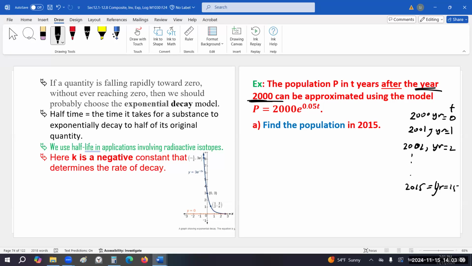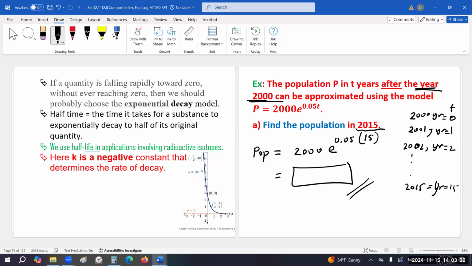They gave us the formula, and this P is not principal, it is population. So our population is 2,000 e to the 0.05 times 15. We go to the calculator, and whatever we get is the answer.